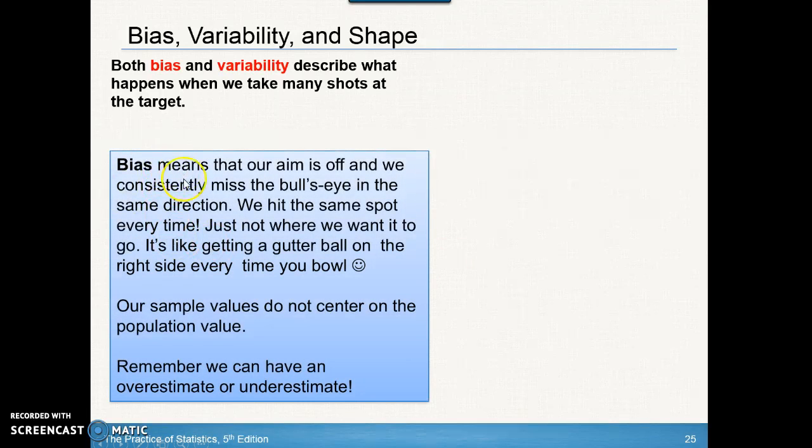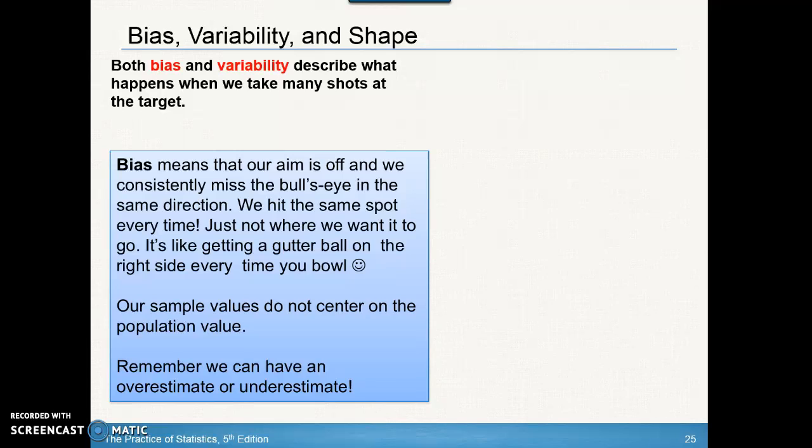What does bias mean? Bias means that our aim is off and we're consistently missing the bullseye in the same direction. We're either overestimating the population mean or proportion, or consistently underestimating it. We're hitting the same spot every single time. It's just not where we want it to be.